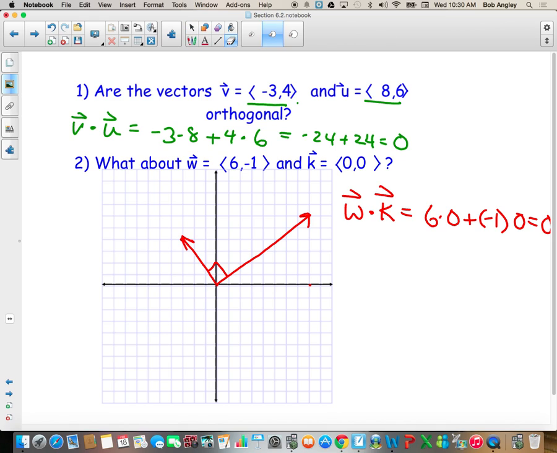Now, what I want you to do is look at the drawing for this one. If we do 6, -1, that's this vector. Now, in blue, I'm going to do the vector 0, 0. Do you see that that one is just a point instead of having length to it? Now, do they make right angles? They don't. In other words, if it's just a point, you can't declare that there's an angle there.